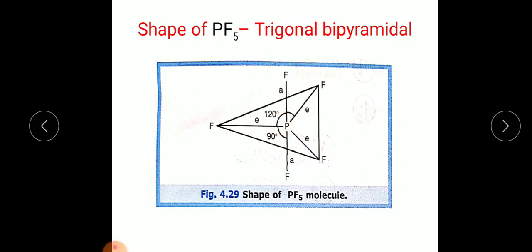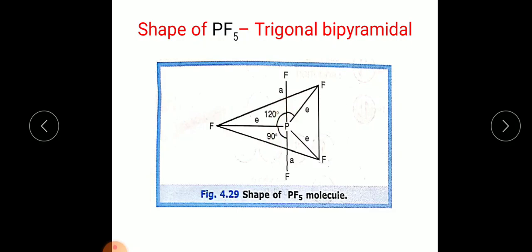So in the case of PF5, the structure of the molecule will be trigonal bipyramidal, and we have got 2 bond angles, one is 120 degrees, another is 90 degrees.